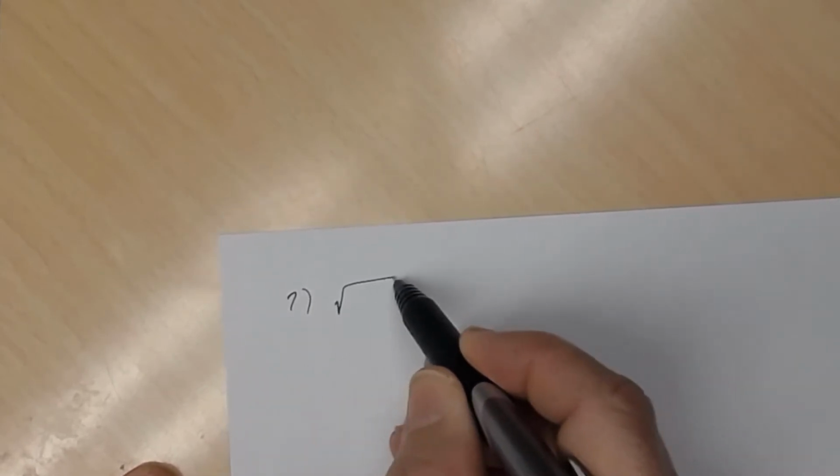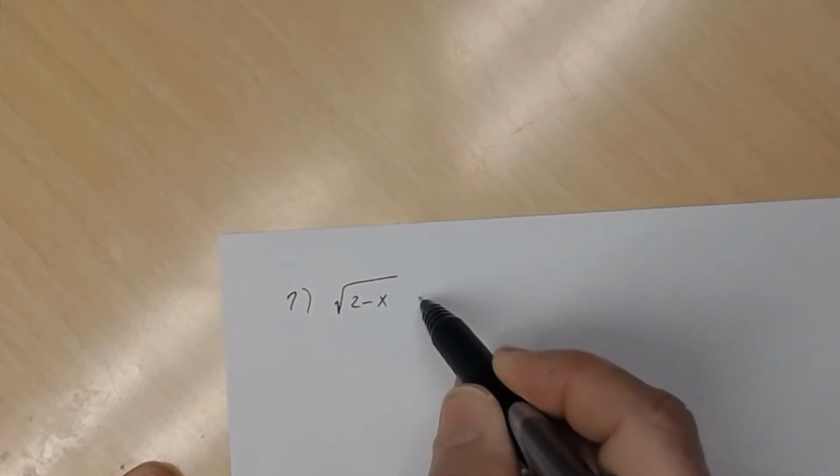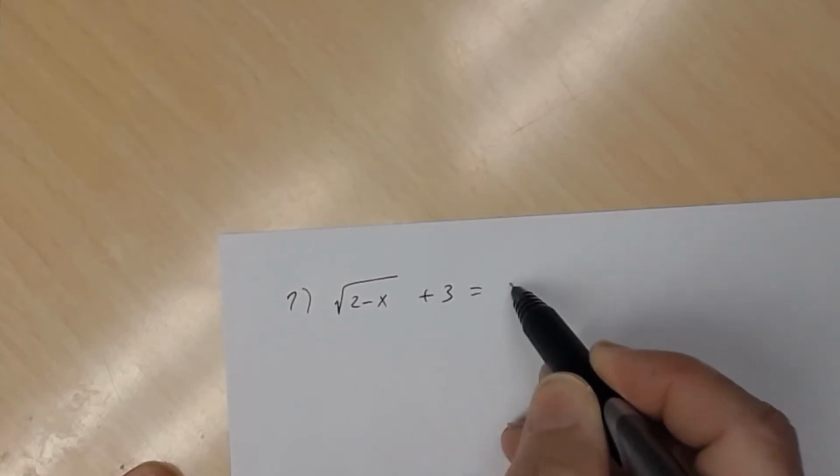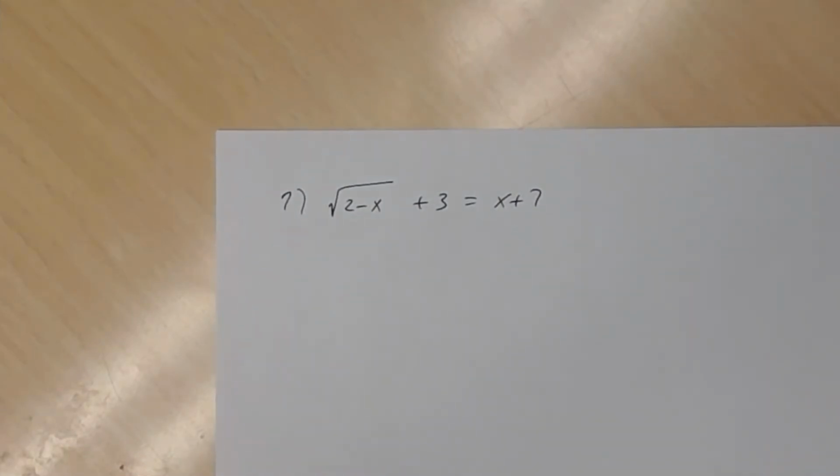Okay, number 7. Let's look at number 7. Suppose we had this equation: the square root of 2 minus x, plus 3, equals x plus 7.